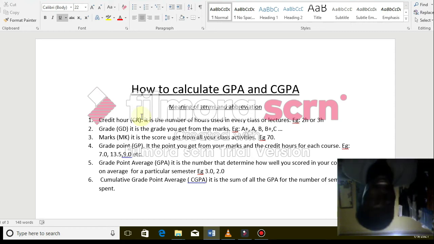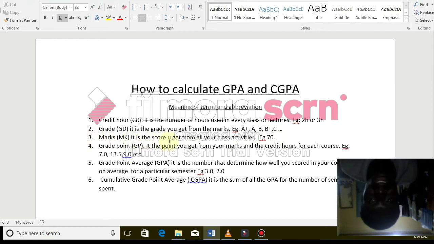Okay, so the third one is the marks. The marks, that is the score that you get during or after the examination. The scores that you get, whether 80%, 90, 70. So you can see the example over here is 70.